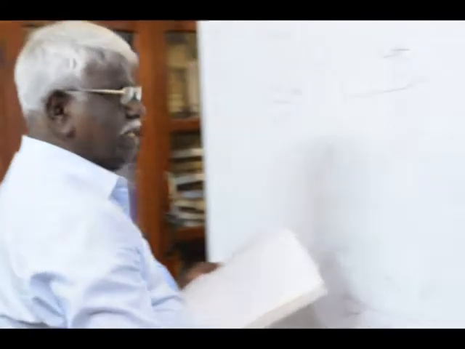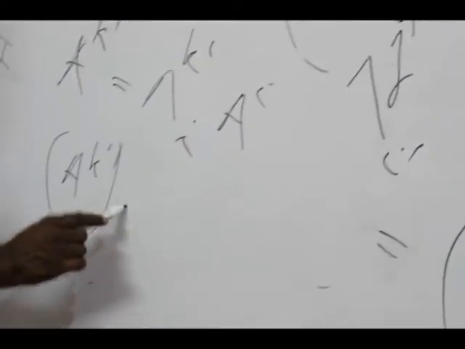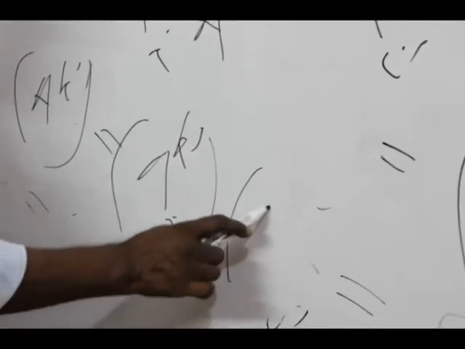Now take the matrix form. If you take the matrix form, you write matrix ak dash is equal to matrix lambda k dash i times matrix A. In matrix notation, we can write like that.